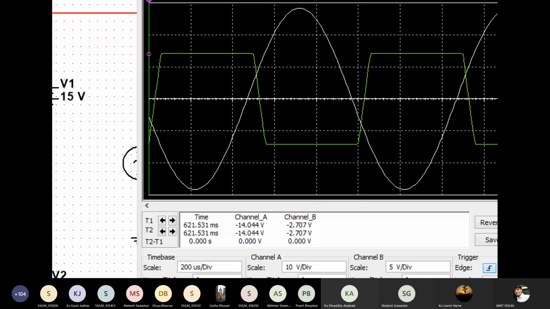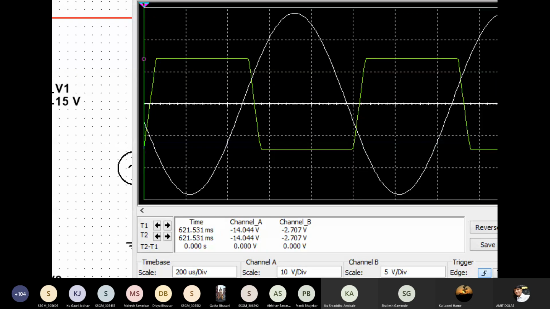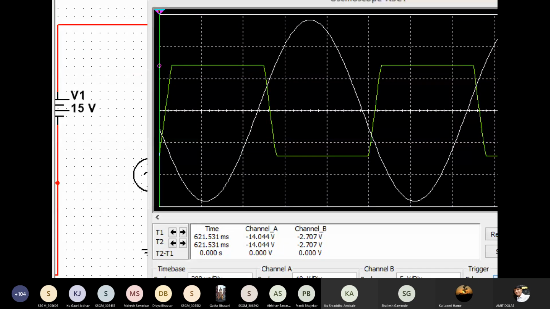You can see here is the upper threshold, and as the signal tries to go above the upper threshold level, the output suddenly goes to negative saturation. So this is the negative saturation level. And again, as the signal tries to go below the lower threshold level, the output goes to positive saturation. So you can see the relation: as the signal goes above the upper threshold, the output goes to negative sat, and if the signal goes below the lower threshold, the output goes to positive sat.